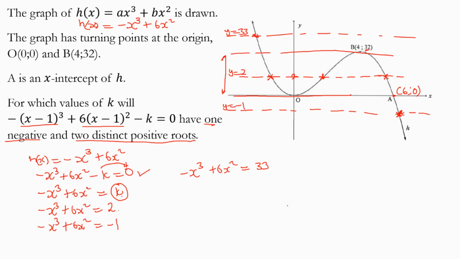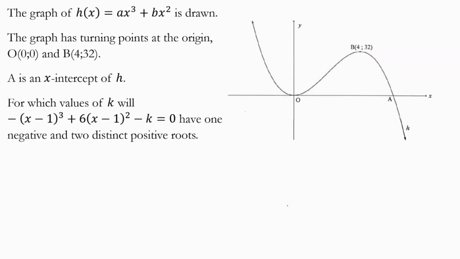Right, let's come back to our question. For which values of k will this function, minus k, be equal to 0? So let's write it the way I said we must do it. We say negative (x minus 1) cubed plus 6(x minus 1) squared is equal to k.